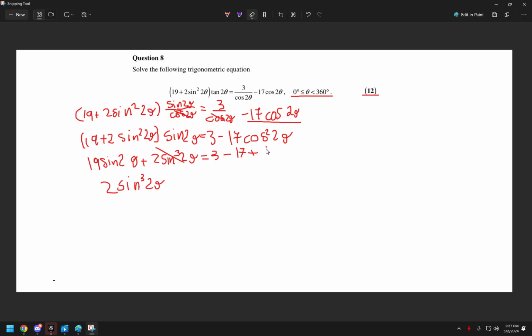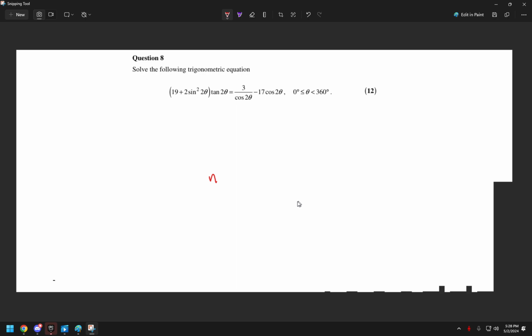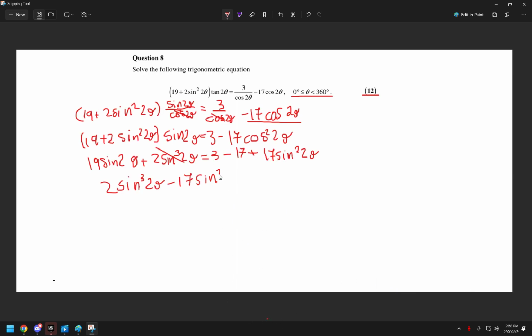It becomes minus 17 plus 17 sine squared 2 theta. I would bring this to the left hand side now, and it would become minus 17 sine squared 2 theta, so this would go as well. Now this would stay the same, just continue adding the 19 sine 2 theta.